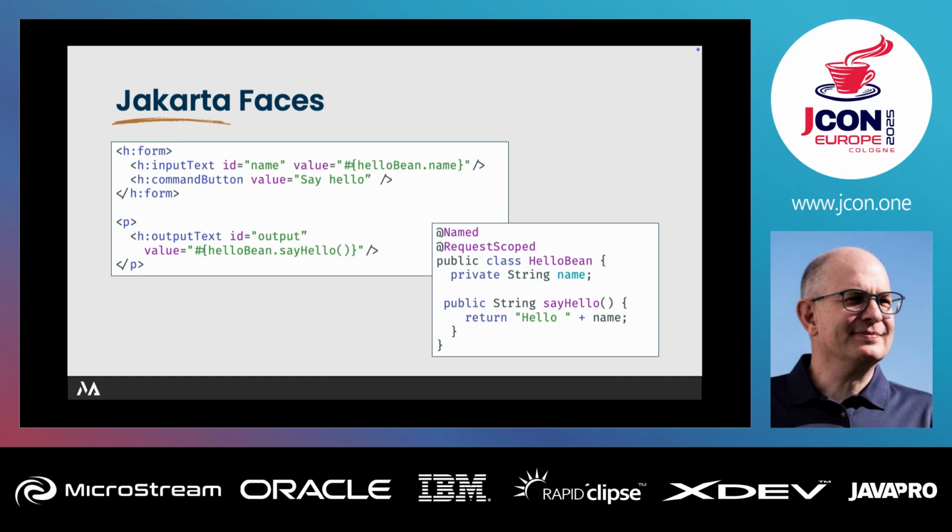And then you have this expression language here with the hash sign, where you can access, for example, a value or bind an input text field to the name field. And then you also have, for example, a method which you can use to say hello. And on the other hand, you have a so-called backing bean that has a certain scope and has the method and the value inside.